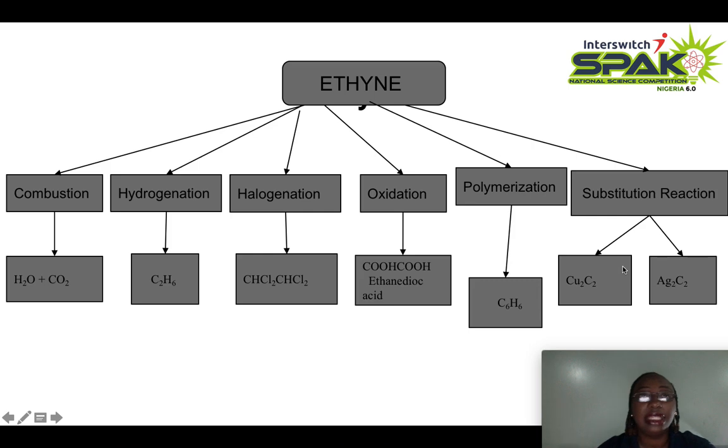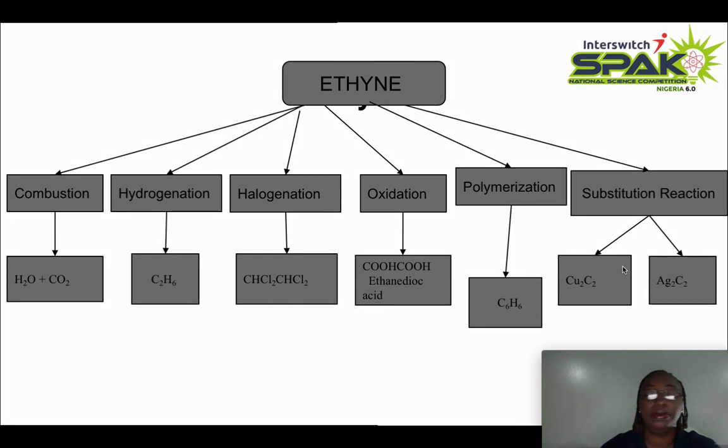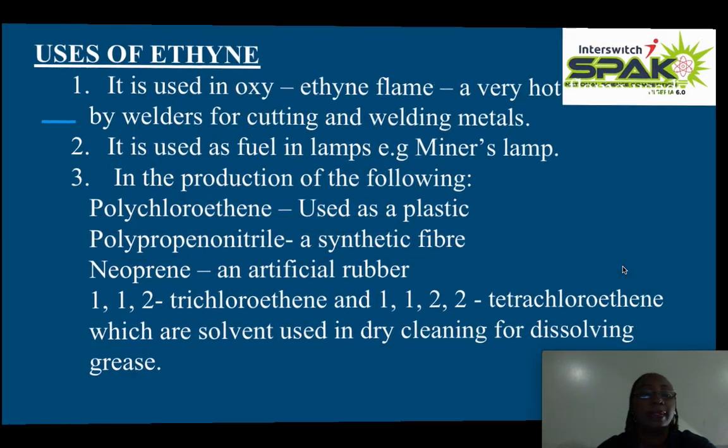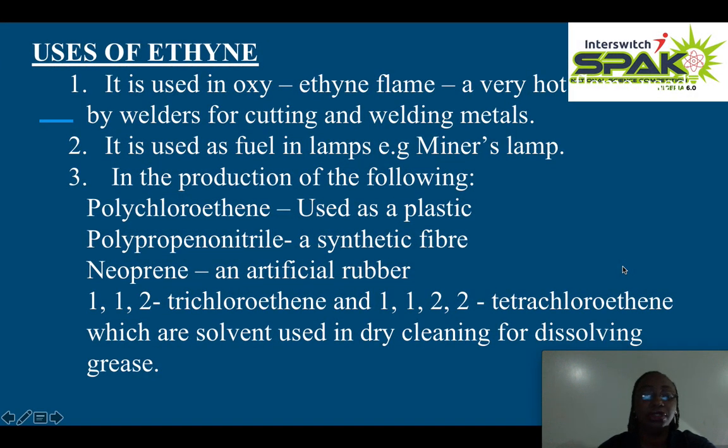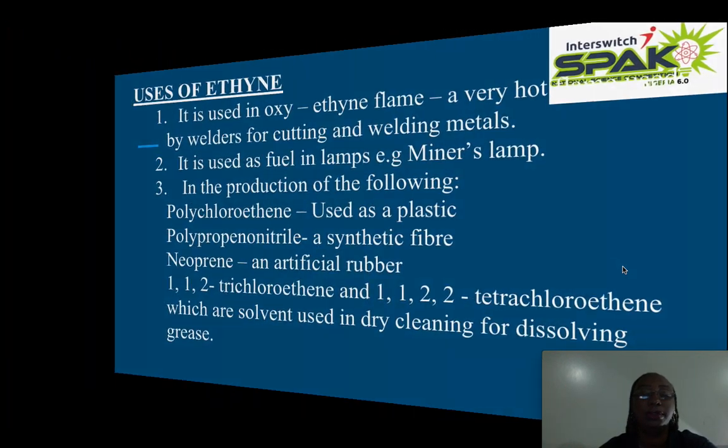Ethyne undergoes both addition and substitution reactions. Ethyne is used in the oxyacetylene flame, a very hot flame used by welders for cutting and welding metals, as fuel in lamps, and in the production of polychloroethene, a plastic, and also neoprene and artificial rubber, and so on.